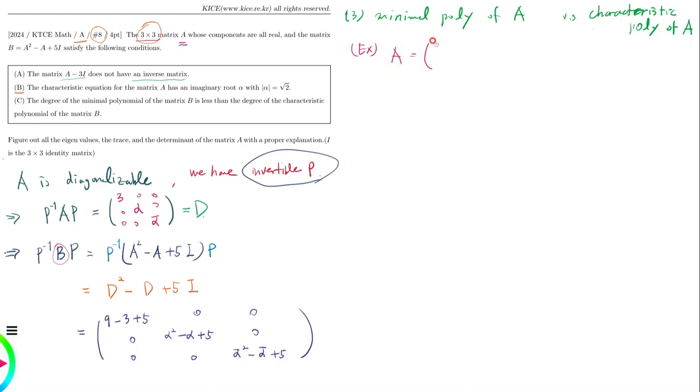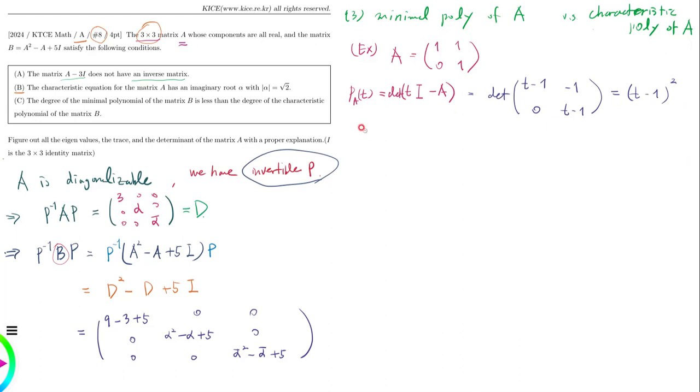For the 2 by 2 case, if I have the real matrix 1 1 0 1, my characteristic polynomial is the determinant of t times I minus A, which is the determinant of t minus 1, negative 1, and 0, t minus 1, and its determinant will be nothing but t minus 1 squared.